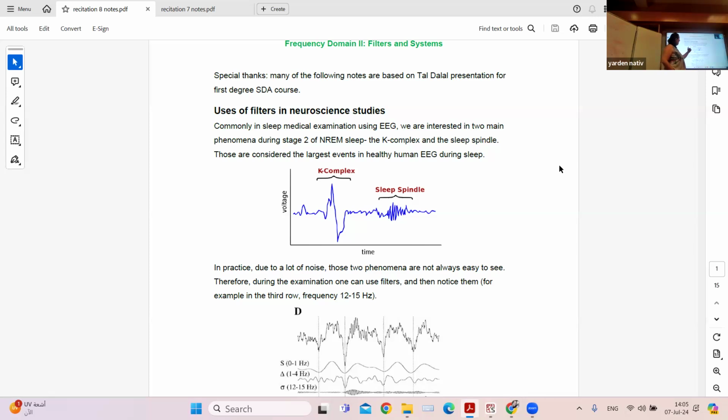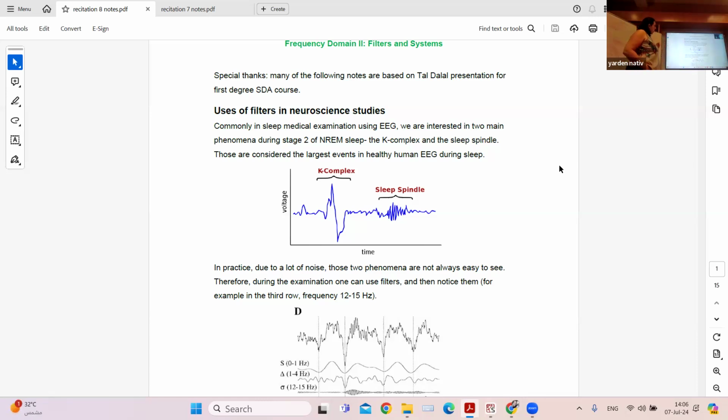The first one is the K complex, and the other one is the sleep spindle. For example, when people are going to check that they don't have a neurological problem during sleep, they go into a sleep lab and are put on an EEG that looks for this kind of phenomena.